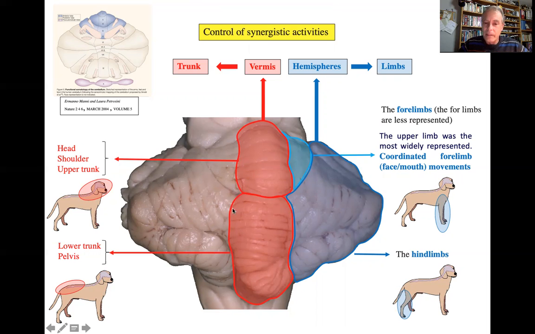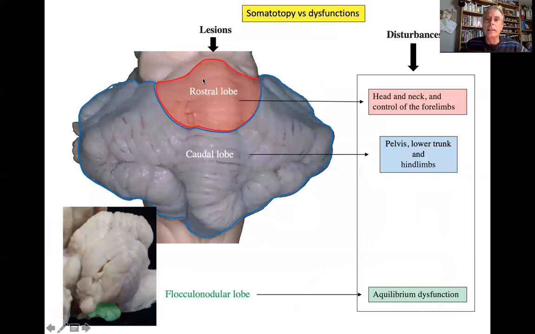So, the vermis of the caudal lobe is involved in the lower trunk and pelvis, and the rest of the cerebellar hemisphere from the caudal lobe is involved in the hind limbs. Okay, this is important because of somatotopy versus dysfunction.